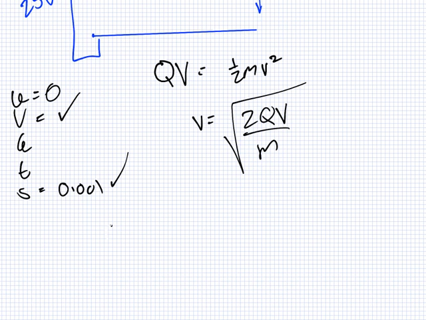S equals... Well, you could use s equals (u plus v) over 2, times t. This is rule 0. Can you use a equals v over t, because u is 0?